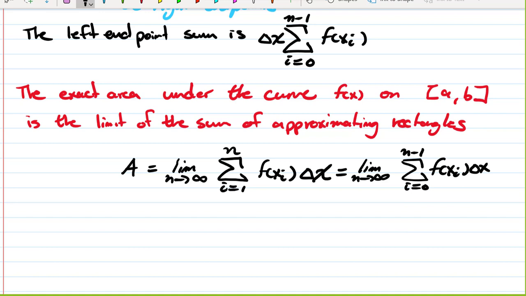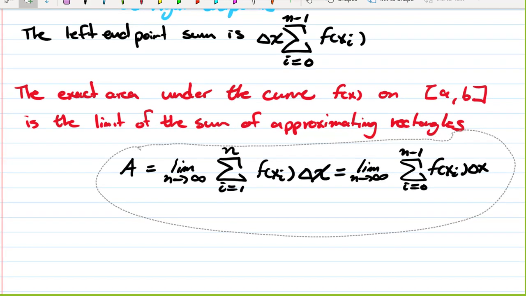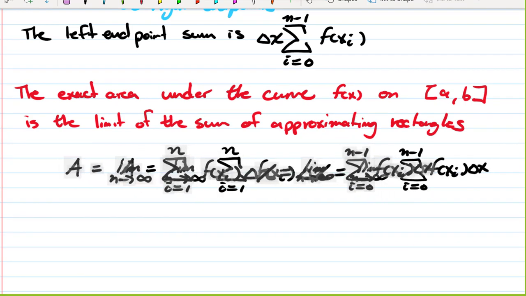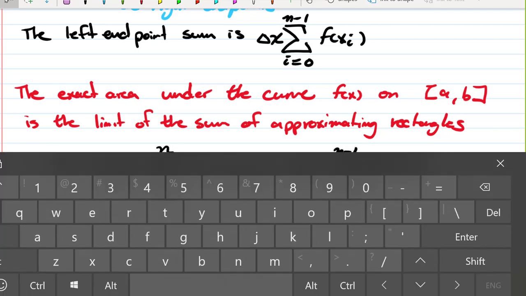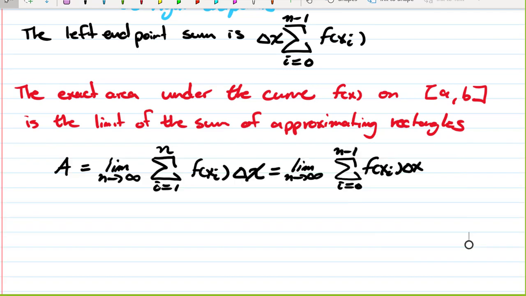So it says, when we take the limit as n goes to infinity, it doesn't matter if we're using the left Riemann sum or the right Riemann sum. The limit, when the area exists, is going to be the same whether or not we use the left endpoint approximation or the right endpoint approximation.